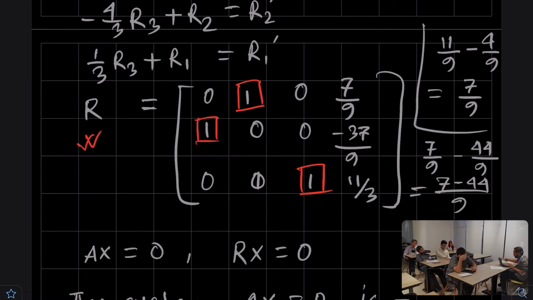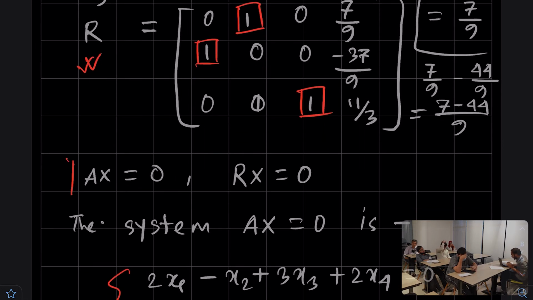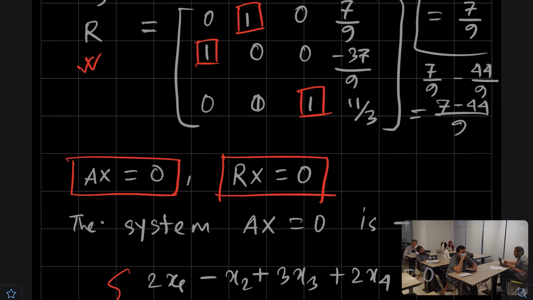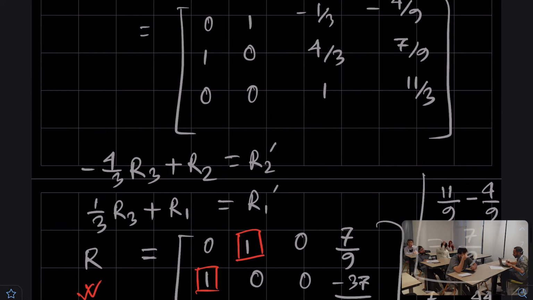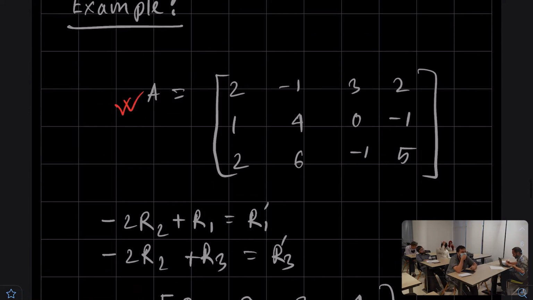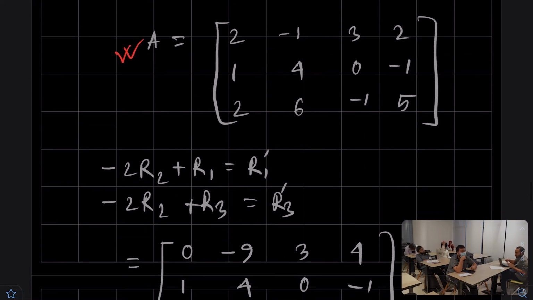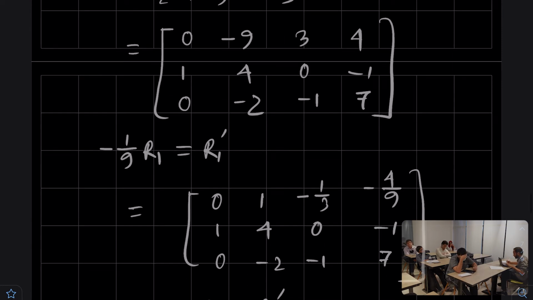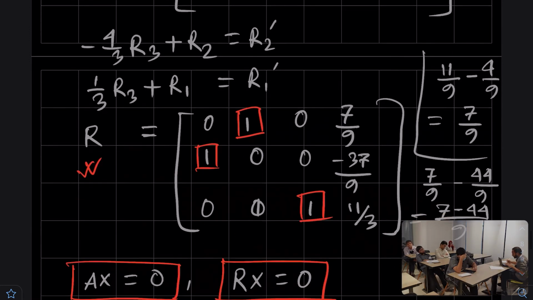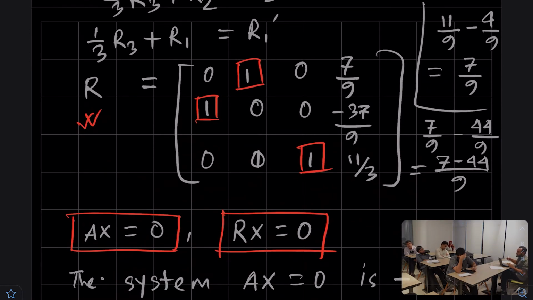From the previous theorem, we know that since these two systems are equivalent to each other, the solutions of these two systems are the same. So although we do EROs on this matrix, the solution does not change, right? Okay.